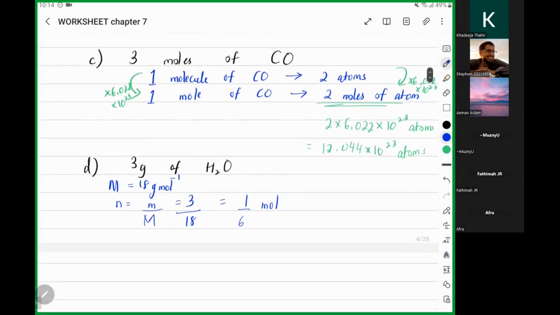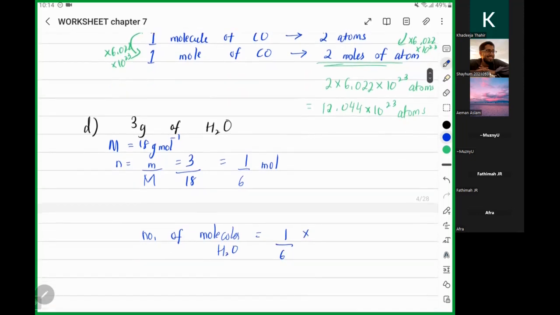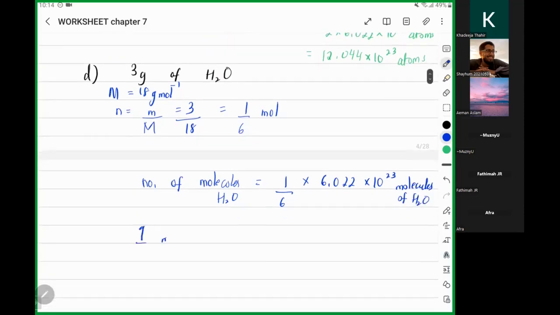So the number of molecules of water is what? 1/6 into what? 6.022 into 10 to the power 23. But this is molecules of water. They want the number of atoms. One water has how many atoms? 3 atoms. Yeah, one molecule of H2O is 3 atoms.